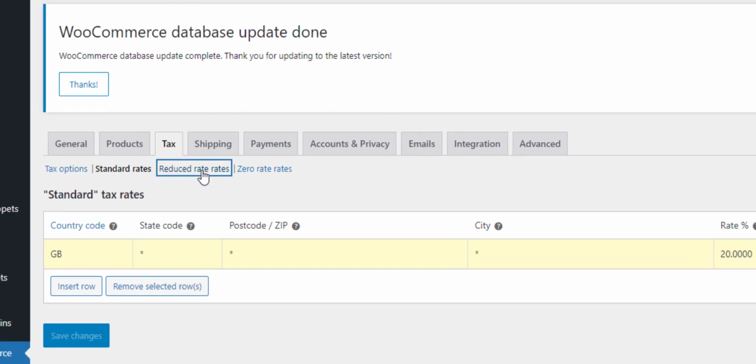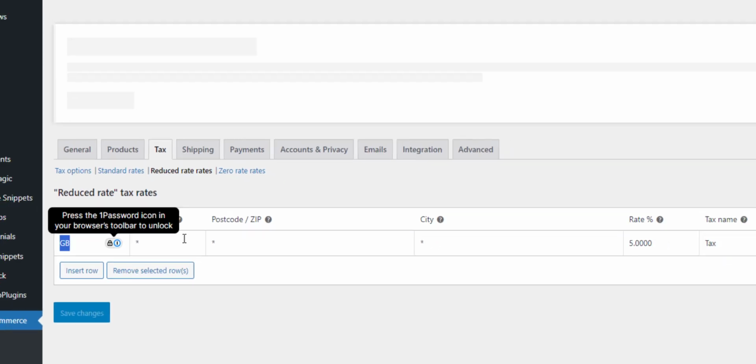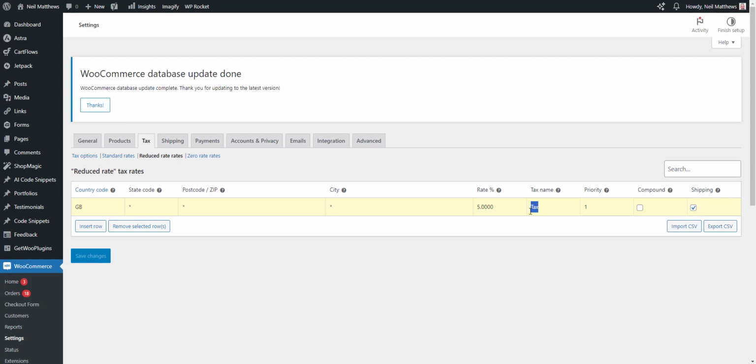I've also set up a reduced rate, also for people from GB, and that is 5%, and we'll call that VAT, reduced rate, like that.